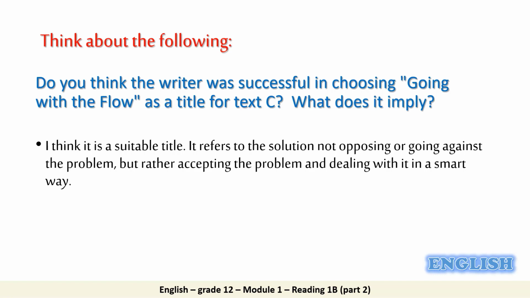It refers to the solution, not opposing or going against the problem, but rather accepting the problem and dealing with it in a smart way. The smart decision was to construct an eco-friendly suburb consisting of artificial islands and floating houses designed to react to changes in sea levels and weather conditions.